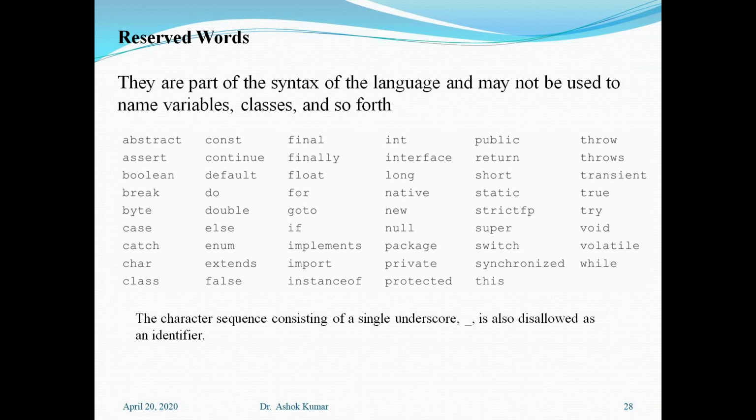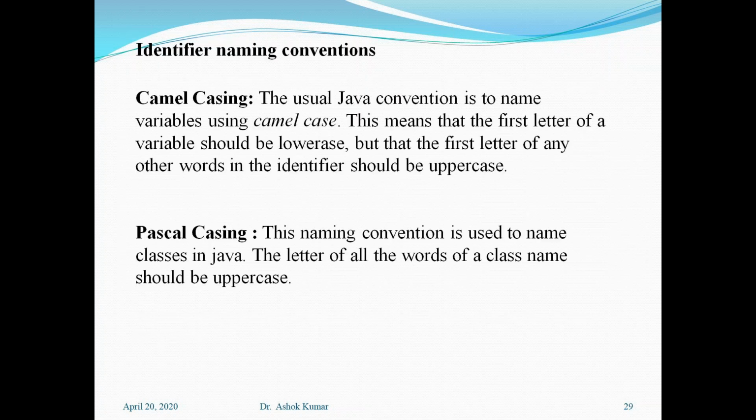In Java, basically two naming conventions are used. This is very important to understand. The first one is camel casing. Camel casing is used to name variables, and it is a rule in which every word of the variable should have its first letter capital except the first word.